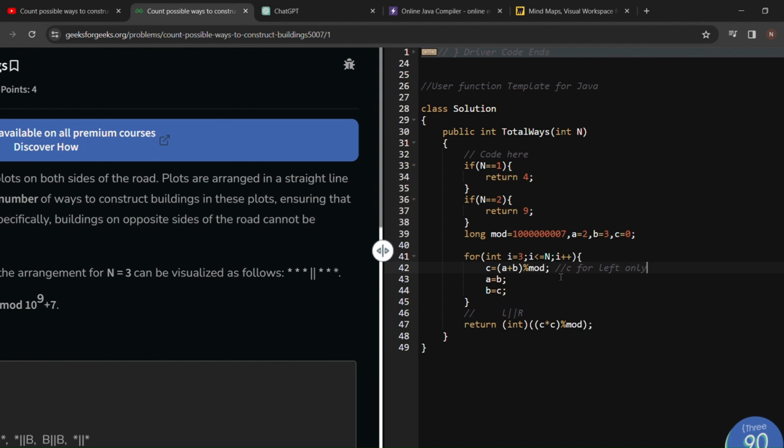Suppose left, it might be right, it depends on us. For left I have already found the value of C. For right we are going to multiply the C, because here the combinations are made. That's why we are going to multiply C by C and find the mod.